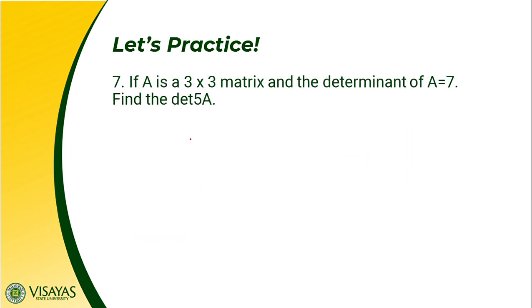So number 7, if A is a 3 by 3 matrix and the determinant of A is equal to 7, find the determinant of 5A. We have here 9, 35, letter C 27, letter D negative 21.